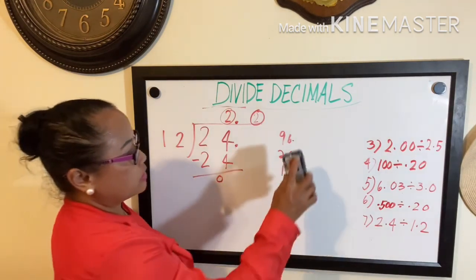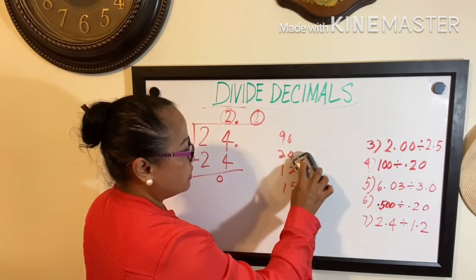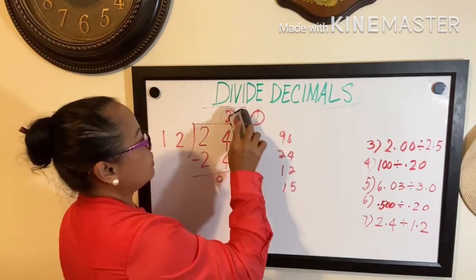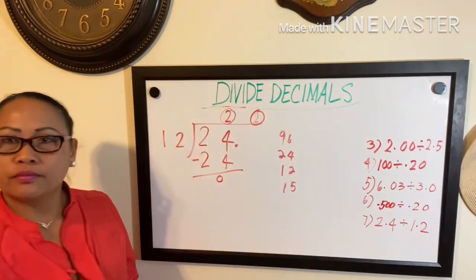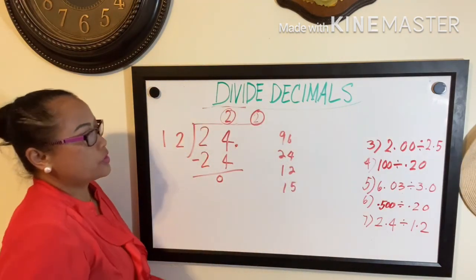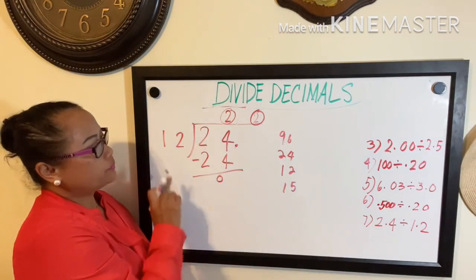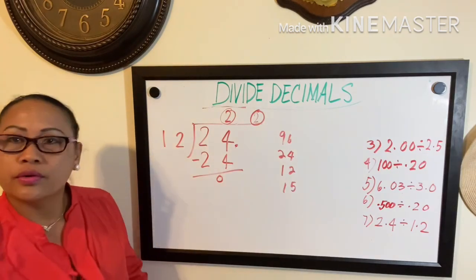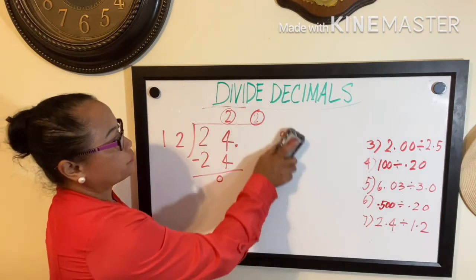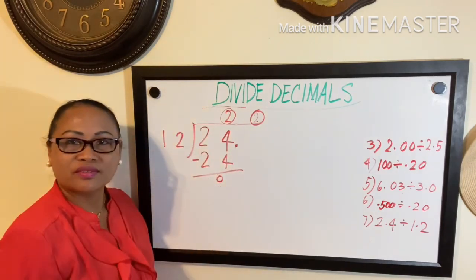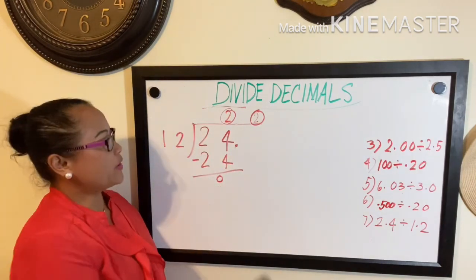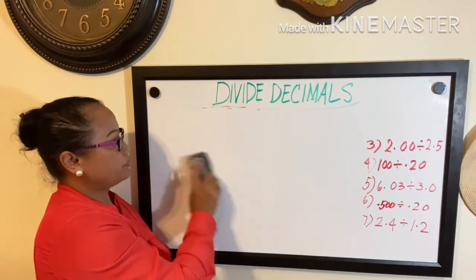Or you can just take this point or decimal out so you will not confuse. Okay, that is our final answer, 2. Okay, another example.